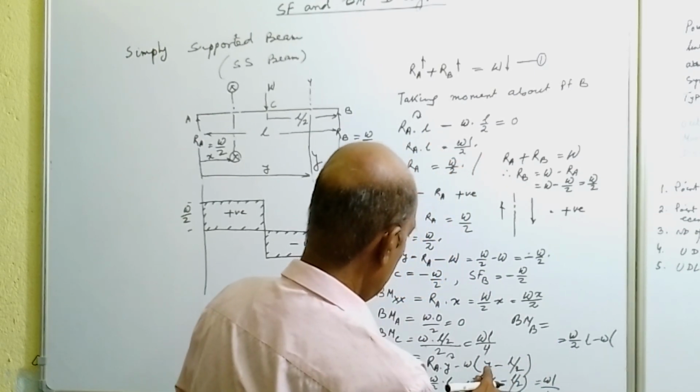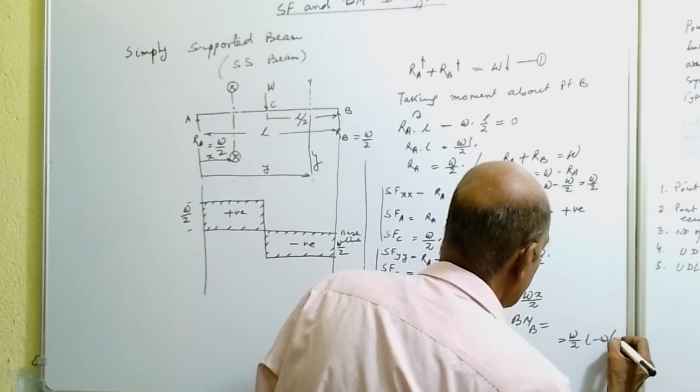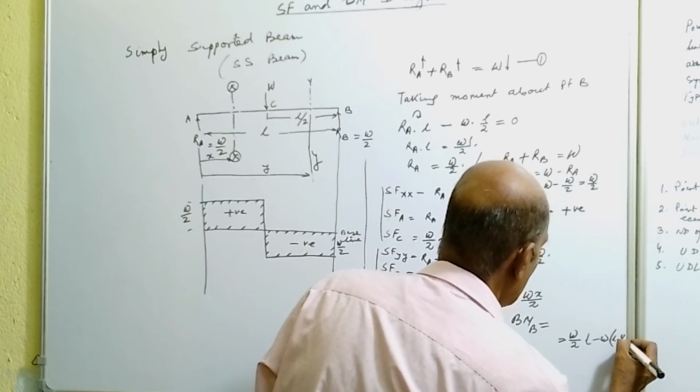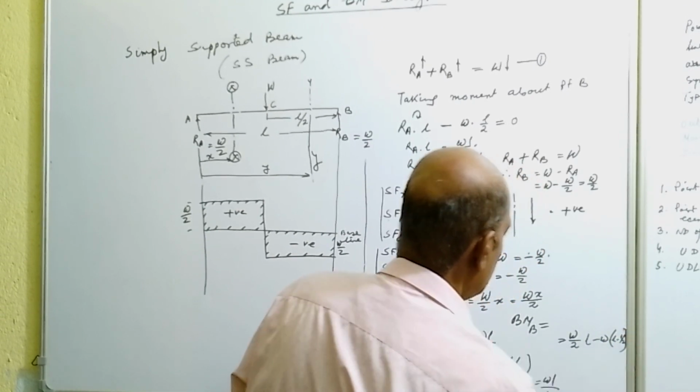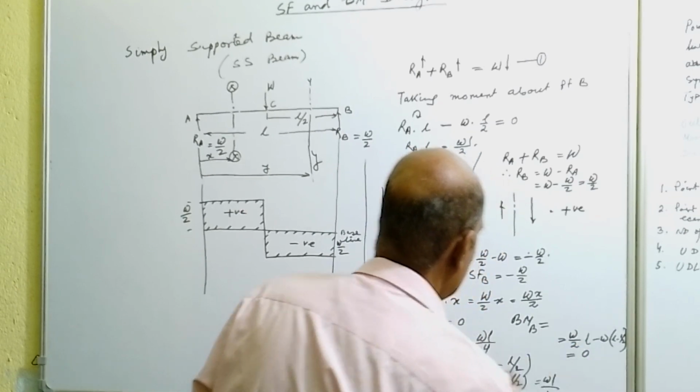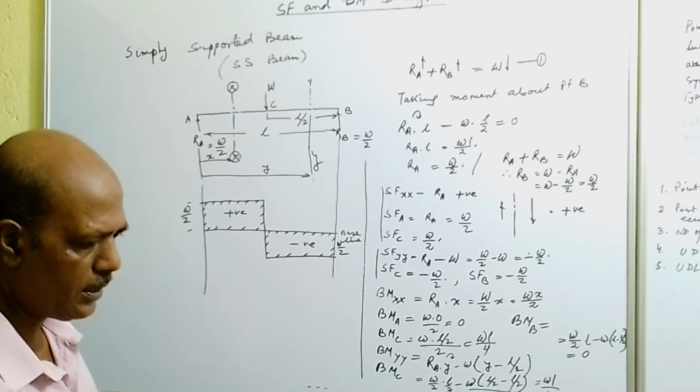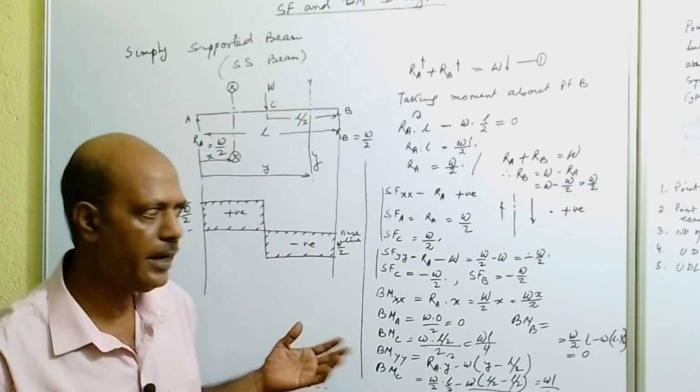Y value will be L minus L by 2, so that will be 0. So with this information we will draw the bending moment diagram.